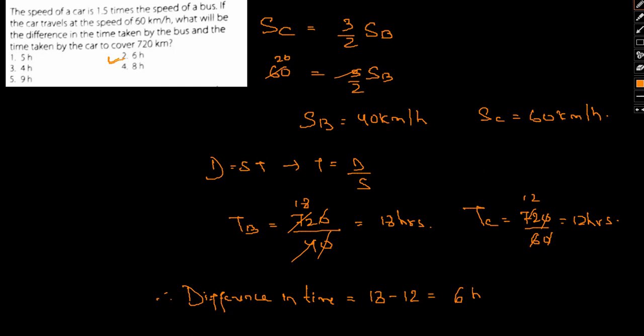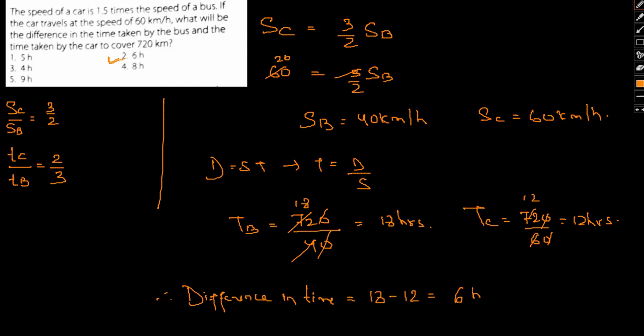Okay, so this question could also have been done by another shortcut way. Since it's given that the speed of car and speed of bus are in the ratio 3 by 2, the time taken by car and time taken by bus would simply be in the ratio 2 by 3. Okay, so that will be in the ratio 2 by 3.